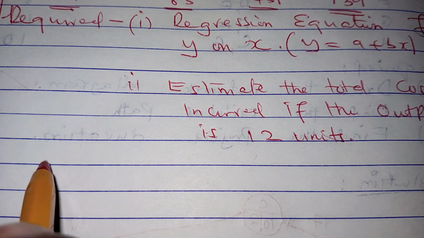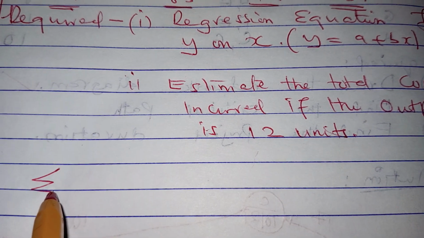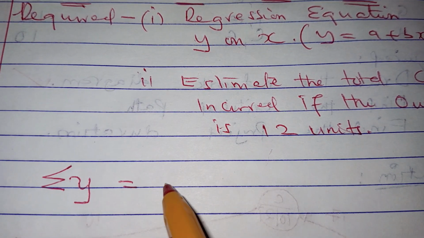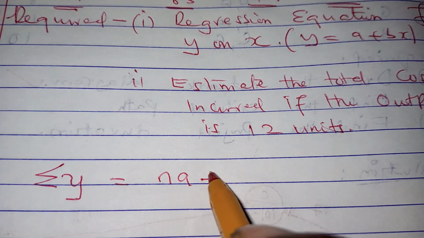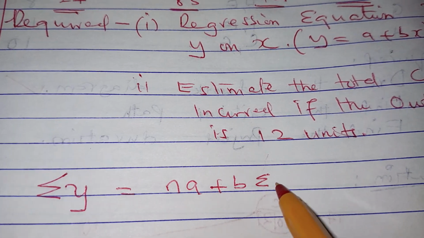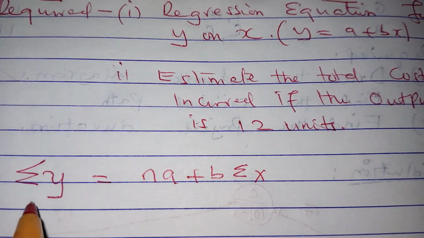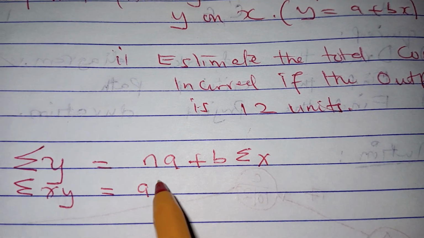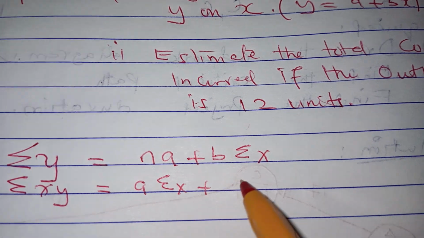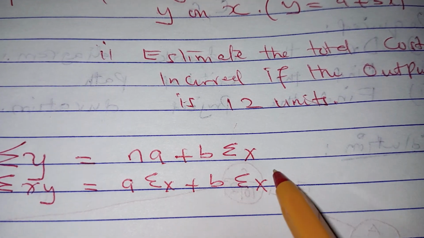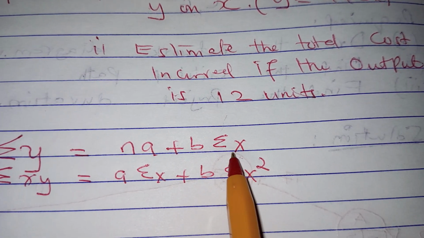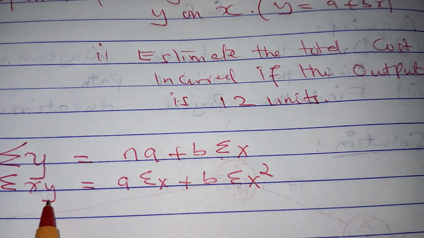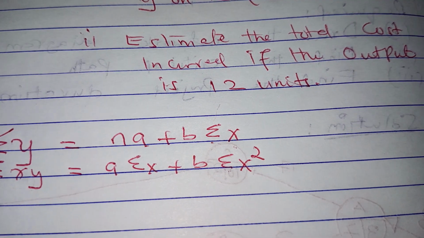Summation of y is given as na plus b summation x. Summation of xy is given as a summation x plus b summation x squared. We have summation x, summation x squared, summation y, and summation xy.